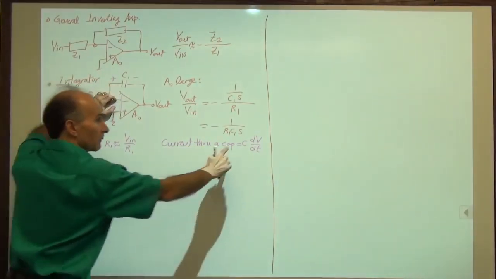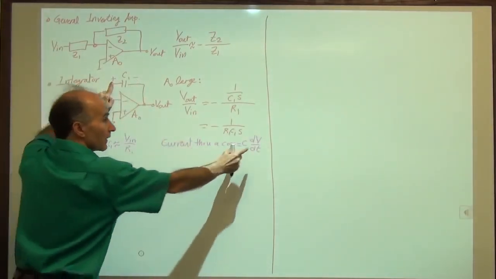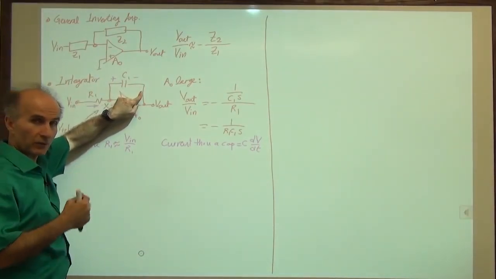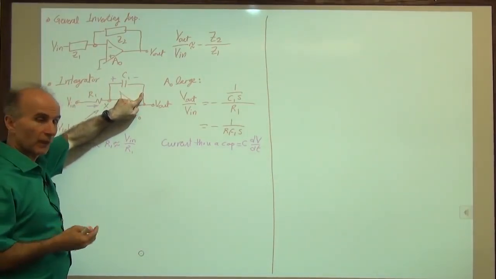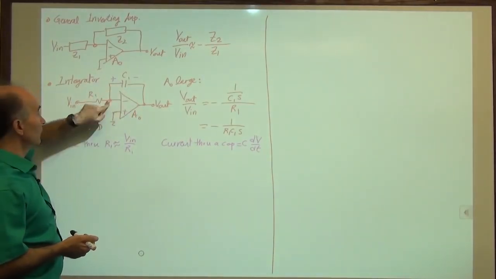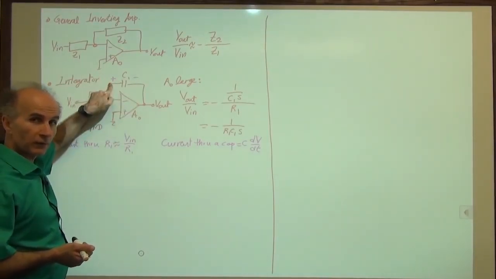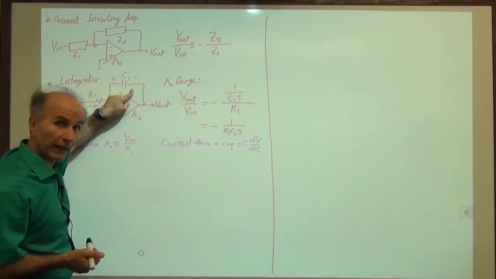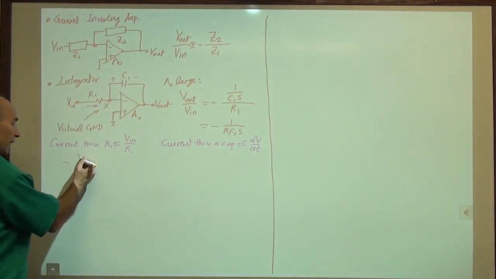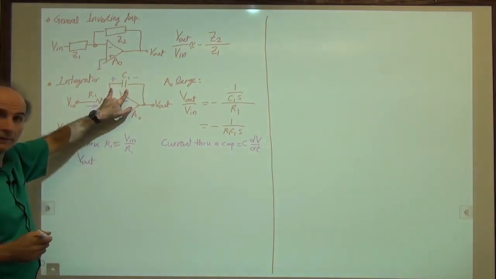Then, if V is chosen like so, the resulting current is flowing from left to right. That is the convention that we use. All right, so how much is the voltage from here to here? This voltage is 0. This voltage is V out. So this voltage from here to here is minus V out. So we will write minus V out. That is the voltage across the capacitor.